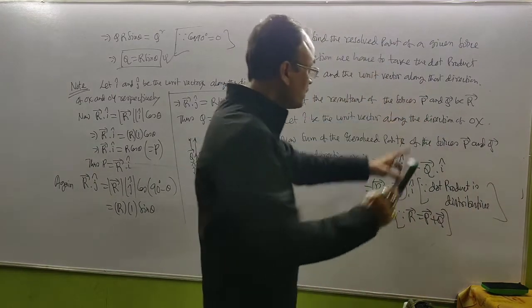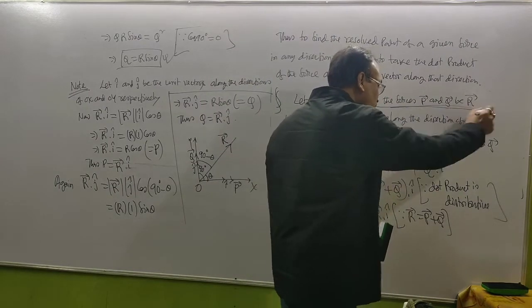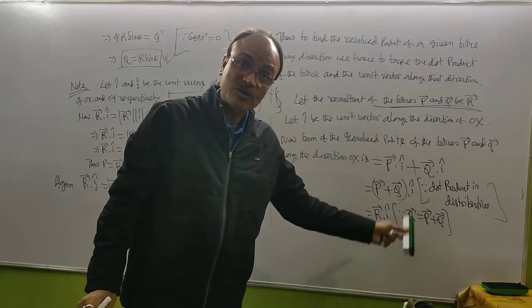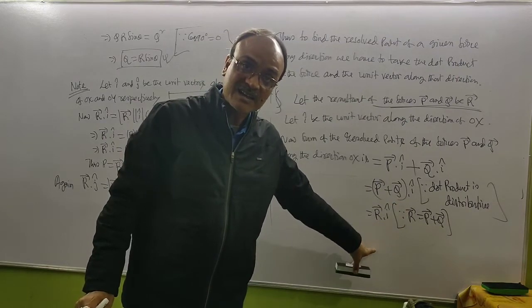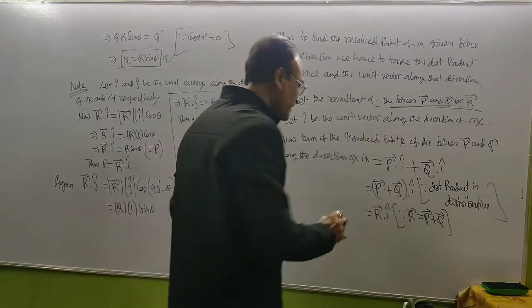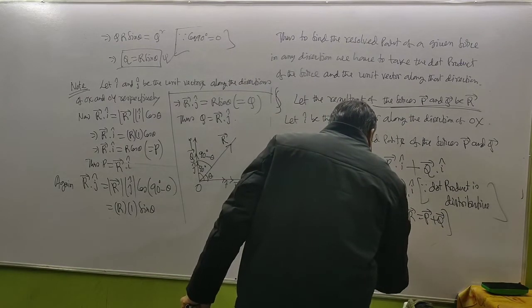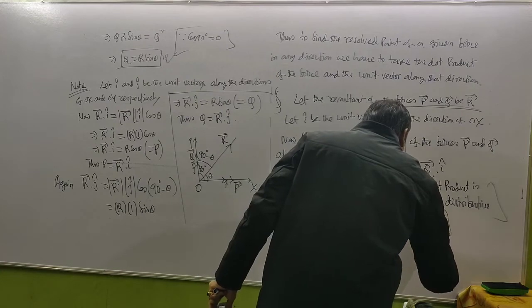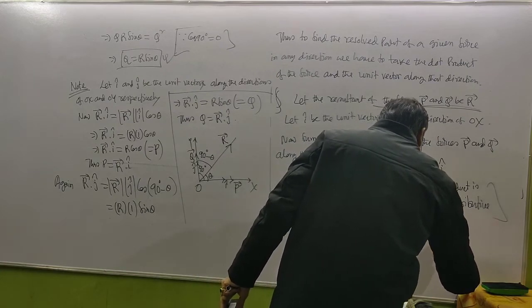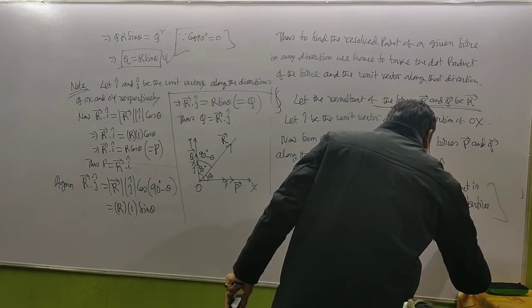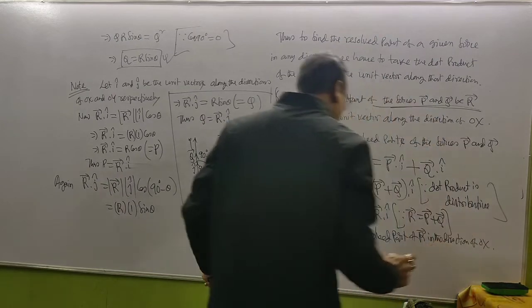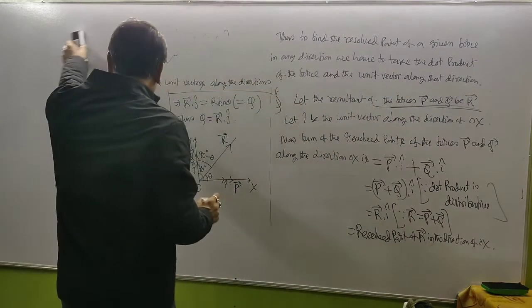R vector is the resultant of P plus Q. Therefore, what is this? The resolved part of R in the direction of OX. This is equal to the resolved part of R in the direction of OX.